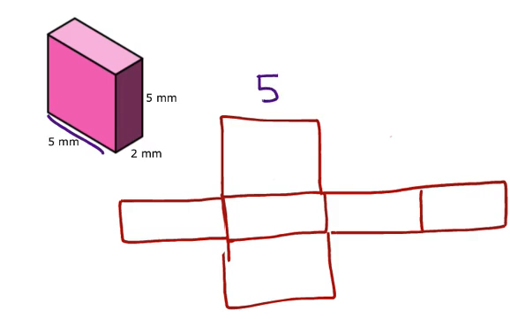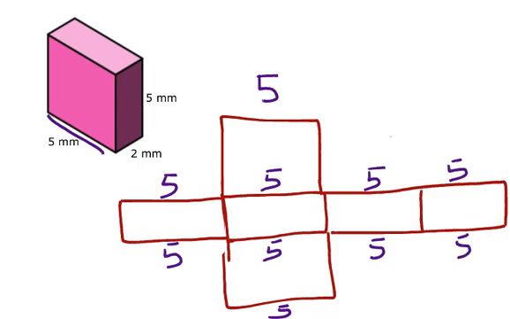So that means this is going to be 5, this is going to be 5, this is going to be 5, and this one's going to be 5. And then all of these are also going to be 5. And then the distance for the width of the rectangle is 2. So all of these are going to be 2.